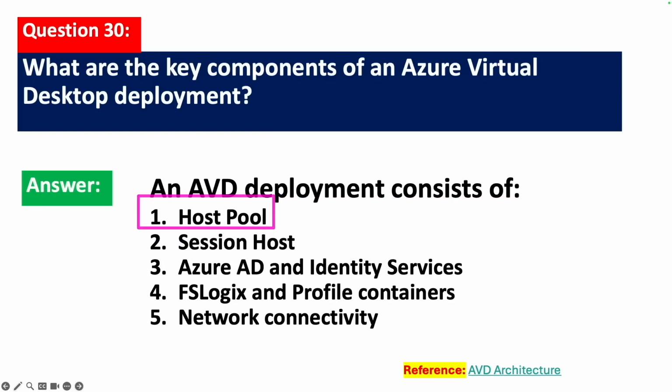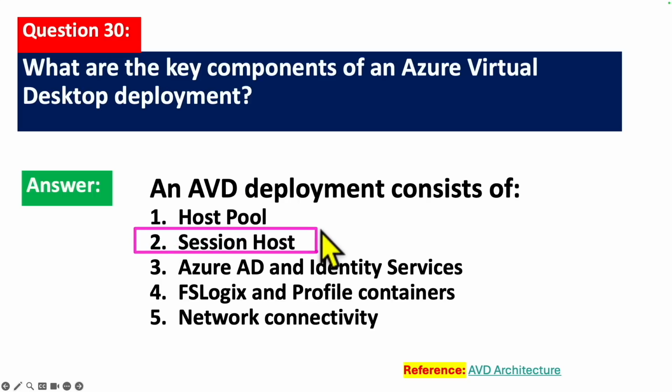A host pool is a collection of virtual machines that host Windows 10 multi-session or Windows 10 single session or Windows 11 multi-session or Windows 11 single session, or any server remote desktop services or applications as well. So it's a bunch of machines that you are trying to host your service.